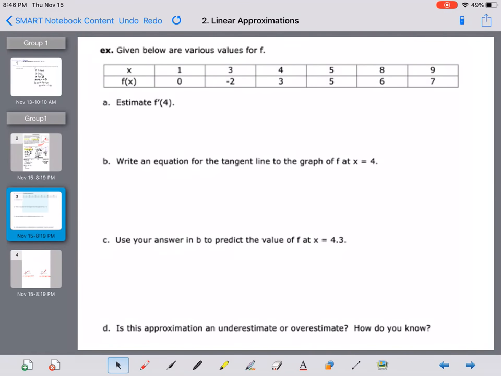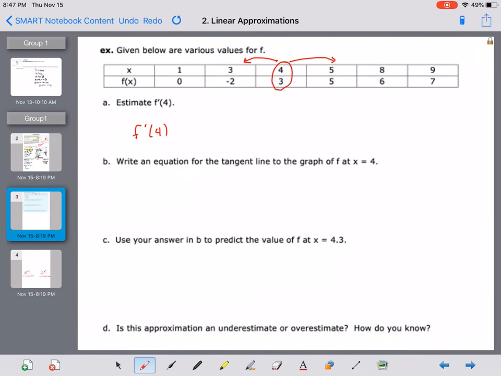I don't have a function, therefore I can't take a derivative, so the only thing I can do is approximate it. And I can approximate it going back to basic algebra 1 and using our slope formula. So this is the point we want to find the slope of. If I want to estimate the slope at that point, I'm going to choose a point to the left and a point to the right and use my slope formula. Be very careful, remember it's y's over x's.